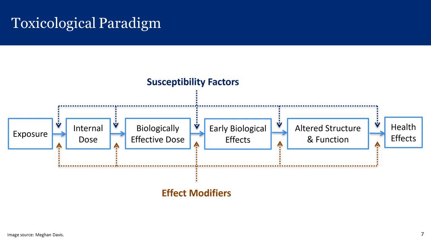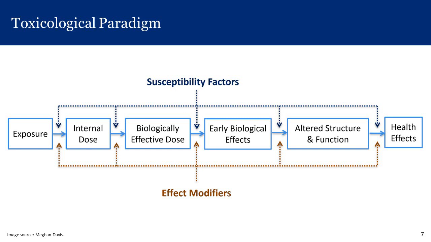And equally, when we think about the toxicological paradigm and try to unpack the different steps between exposure and health effects, we recognize that biological exposures can equally have an internal dose. They can have a biologically effective dose, that is, where the agent is at its target. So you might think about a virus at a cell that is about to infect the cell.